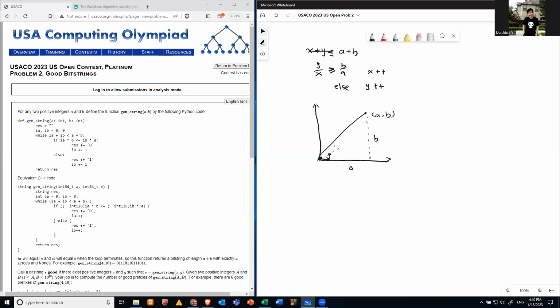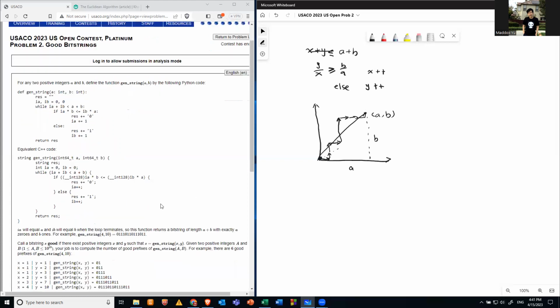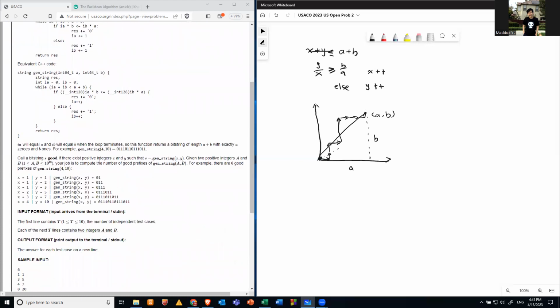As long as this slope is less than this slope, you continue to move until you exceed, then you move x. Then maybe you move y like this. I'm just illustrating. Then you move x, and you move until you reach here or above. The number of prefixes, the so-called good strings, is essentially equivalent to how many steps you take. So you just want to figure out how many steps you're taking.